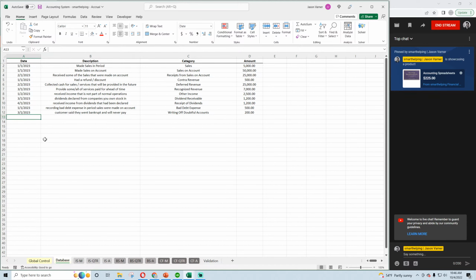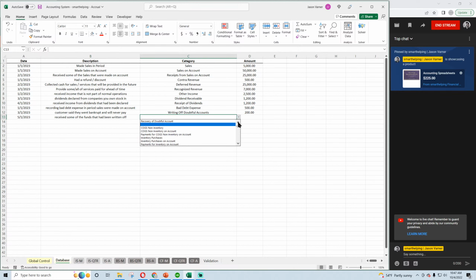Now you could say, what if in May you received some of the funds that had been written off? So you've written it off, but now you want to say, well, we actually collected some of it. You can say recovery of doubtful account.